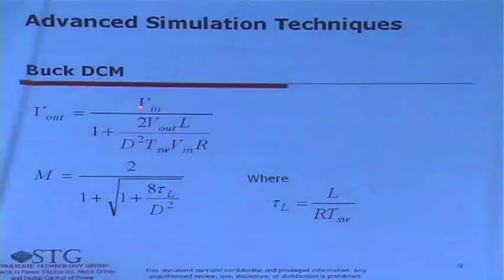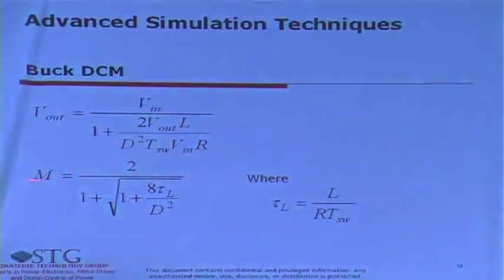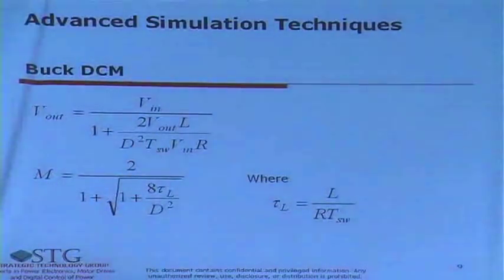And the formula you get is right here. V out is equal to V in divided by, and you can simplify it if you introduce this term, inductance time constant, and so your transfer ratio now is defined by this function. It's highly nonlinear, as you can see.